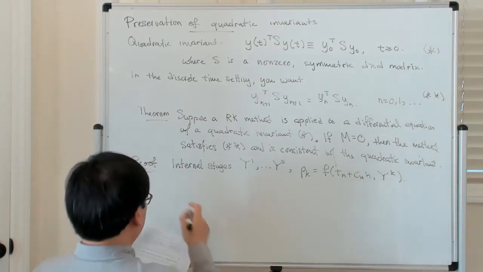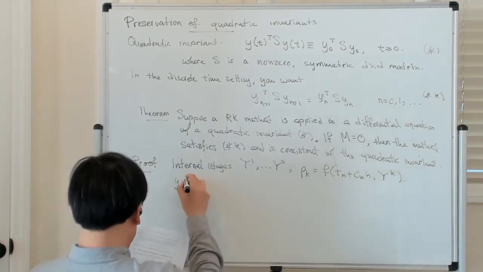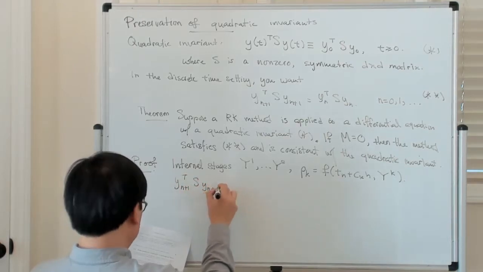So you do the obvious thing. You write down y_{n+1} transpose S y_{n+1}.